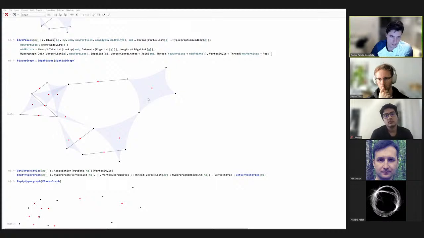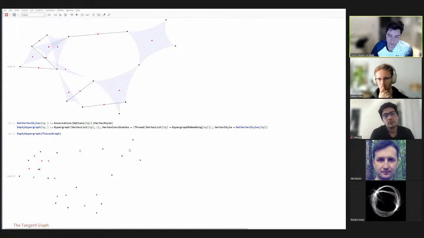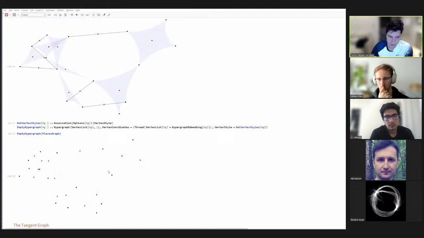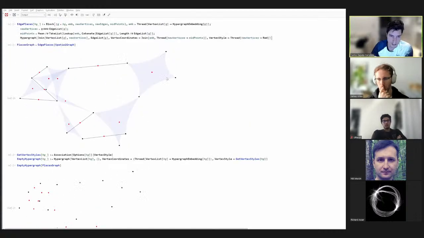So maybe all the difference here is that you might have unary edges proper in this hypergraph, in which case you would have black dot or vertex place multiplicities, or you might have edge multiplicities for some skeletal edge, in which case you would have red dot or edge place multiplicities, right?